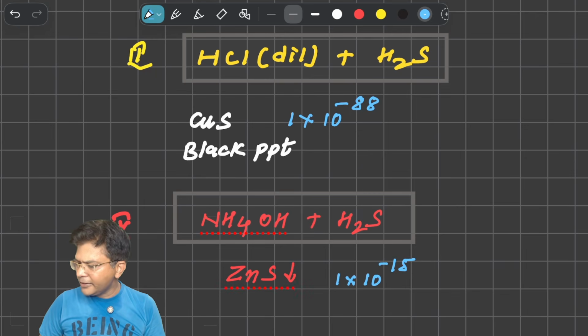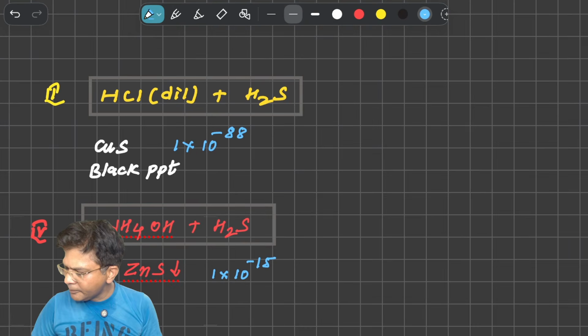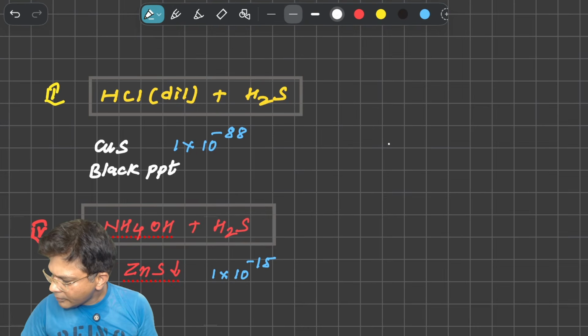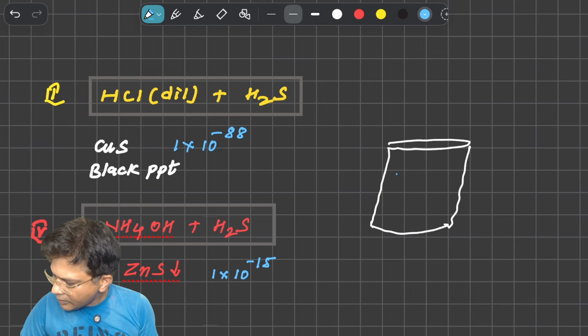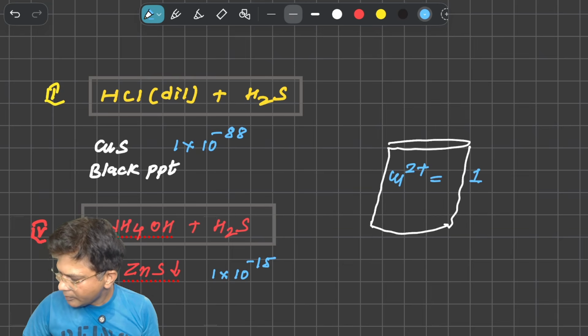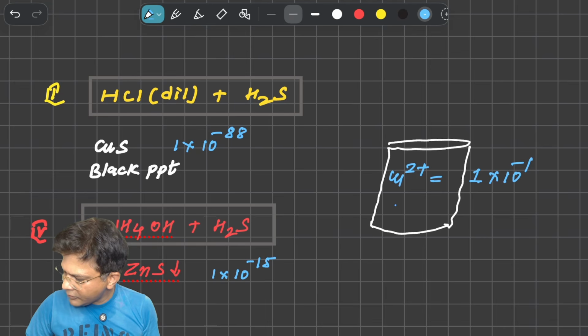In the beaker, if I have taken both of the same concentration, Cu2+ is 1 into 10 raised to minus 1 molar, and Zn2+ is also 1 into 10 raised to minus 1 molar.